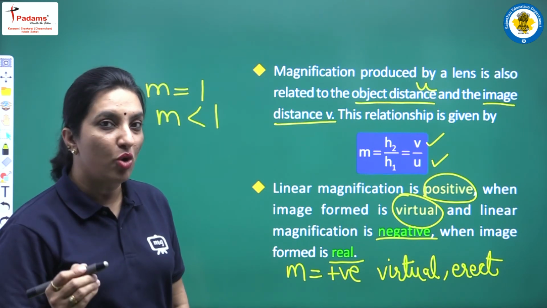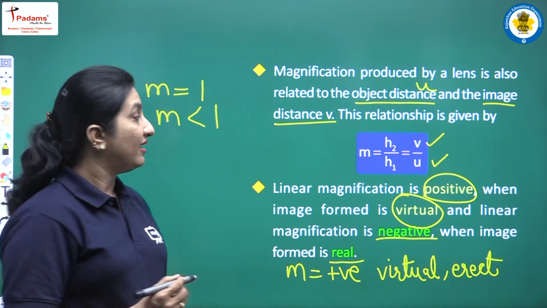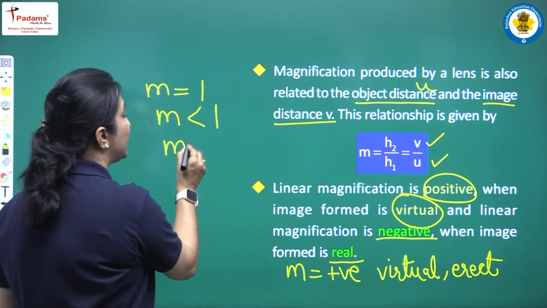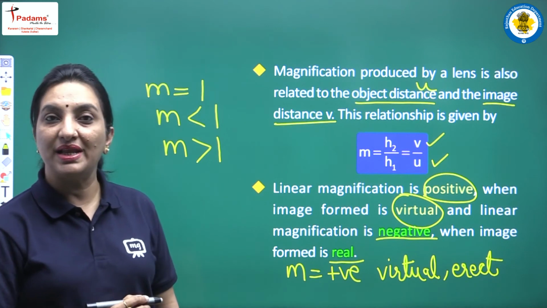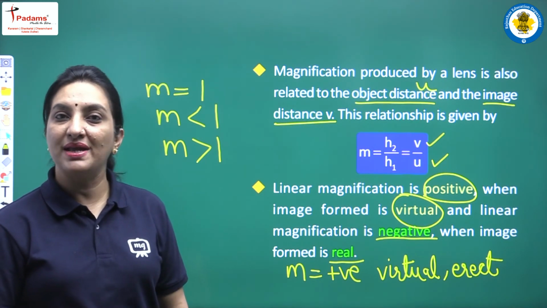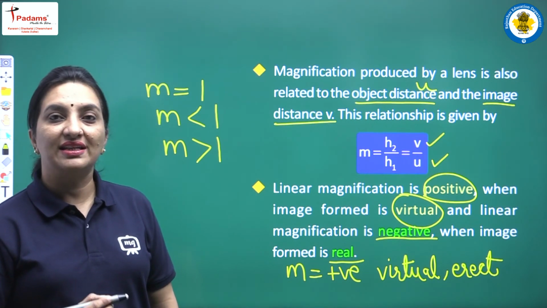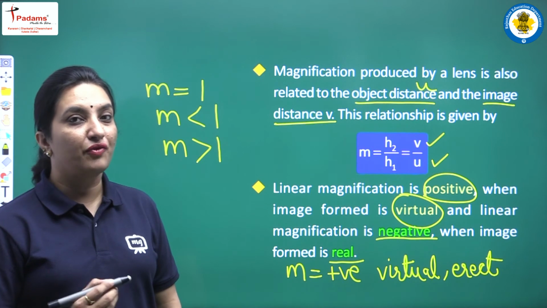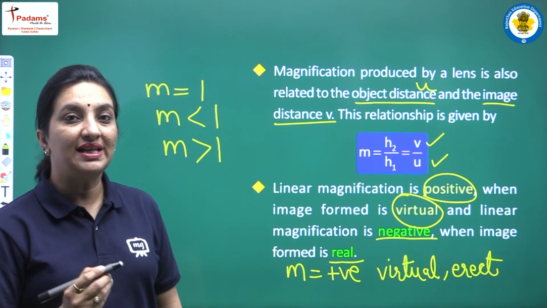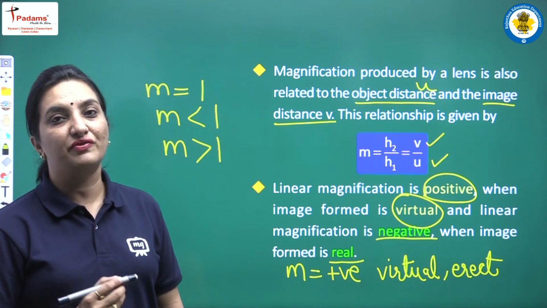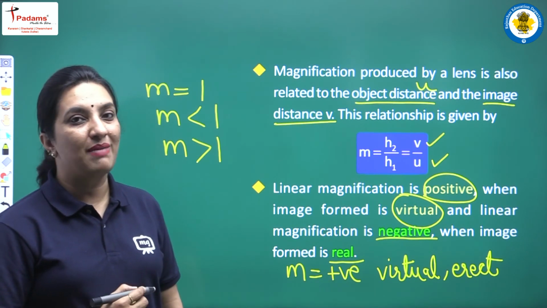Image is smaller as compared to the size of the object, and if the value of m is greater than 1, then what we say is that magnification has taken place and the size of the image is greater than the size of the object, or we can say that the distance of the image formed from the lens is greater than the distance of the object from the lens. So this was linear magnification.